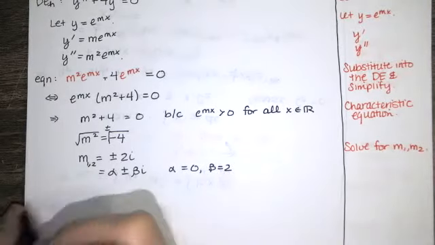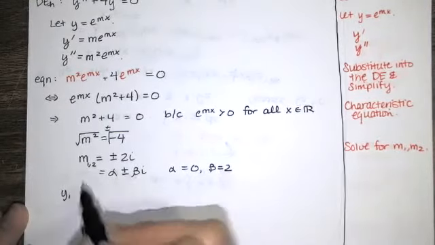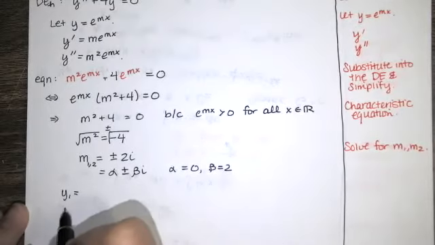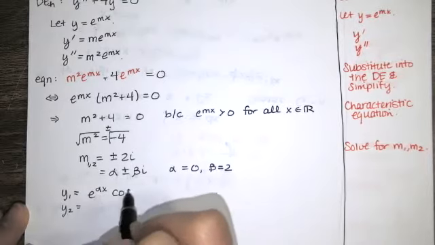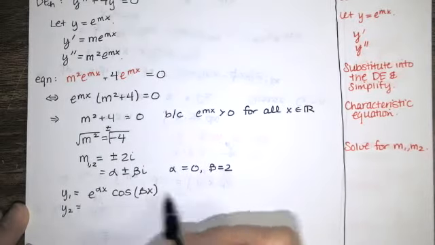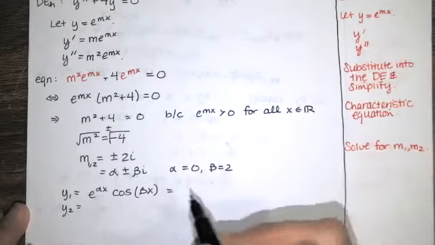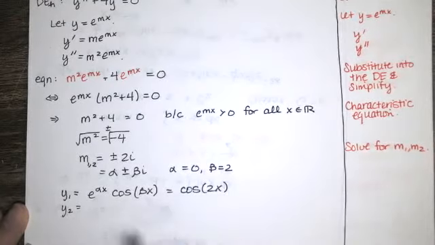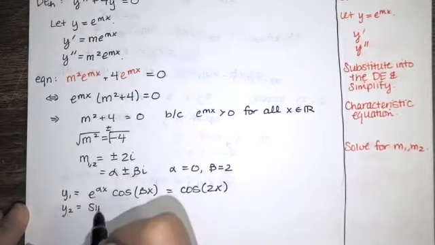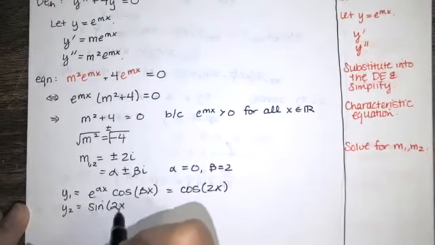So we've got complex conjugate solutions, or complex conjugate values of m. So y sub 1 is e to the alpha x times cosine of beta x. Alpha is 0, so that's just e to the 0, which is 1, times cosine of 2x. And y sub 2 looks just like that, but you change from cosine to sine.